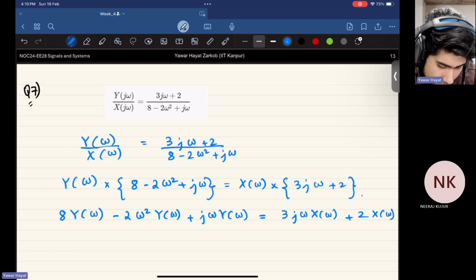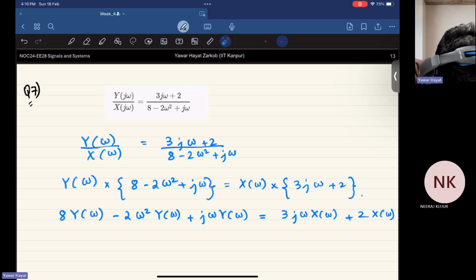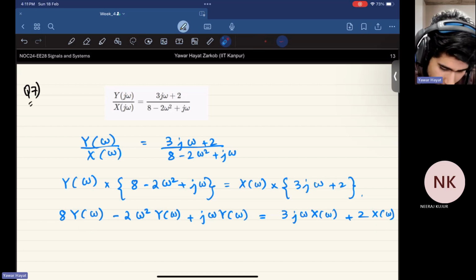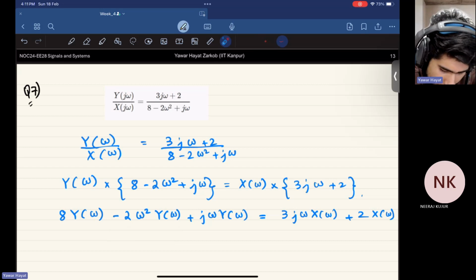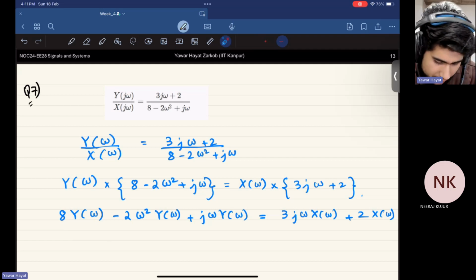Taking inverse Fourier transform of this one is straightforward. This one is straightforward. But what about this, and this? We are essentially multiplying by j omega in the frequency domain. And in fact, I'm doing the same for this as well. I can write this minus 2 omega square as plus 2 j omega square, right? So essentially throughout I'm multiplying by j omega or j omega square, or powers of j omega in the frequency domain.